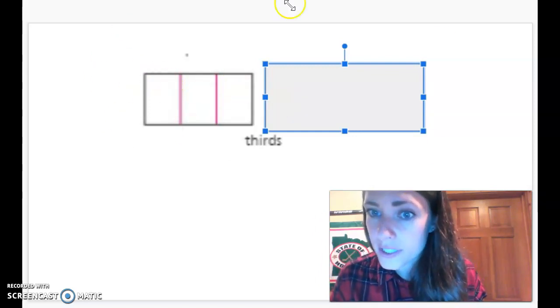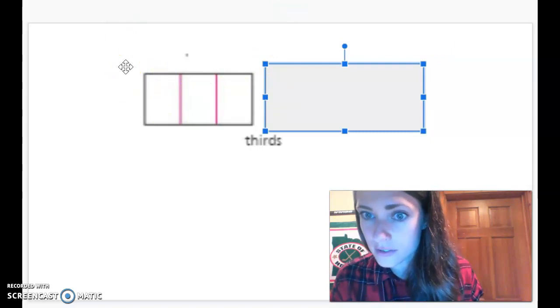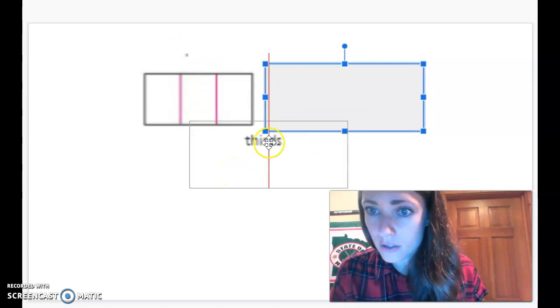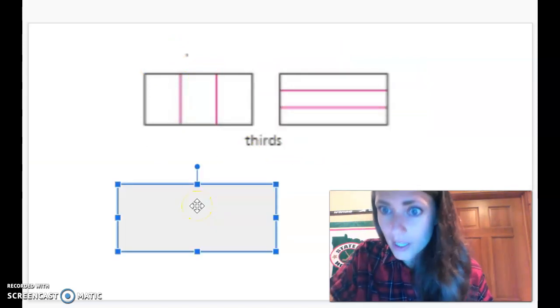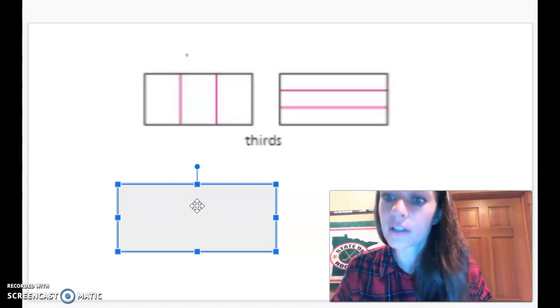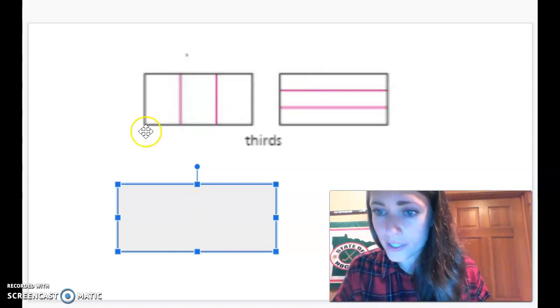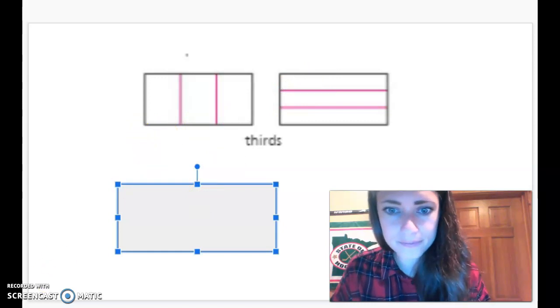So one way to partition the equal share into thirds is by doing it this way. Those are 3 equal shares. And another way is to do it the longer way. And that shows 3 equal shares. So go ahead and do that on your rectangles.